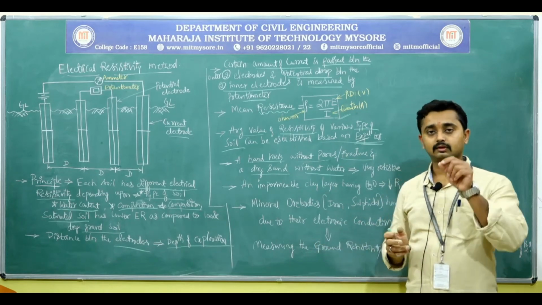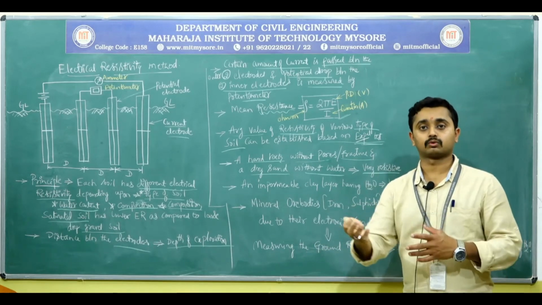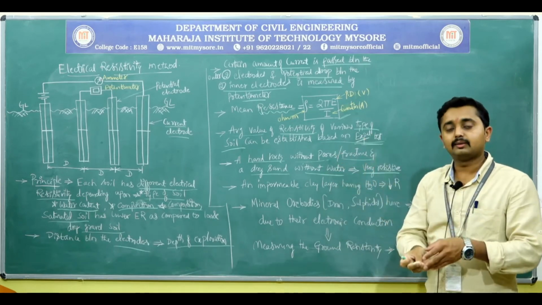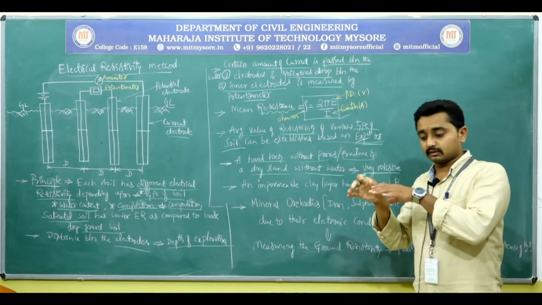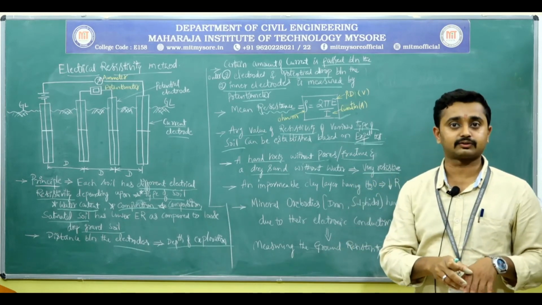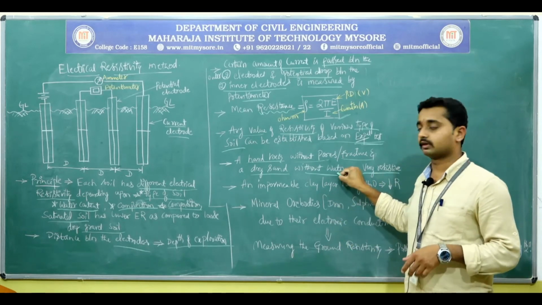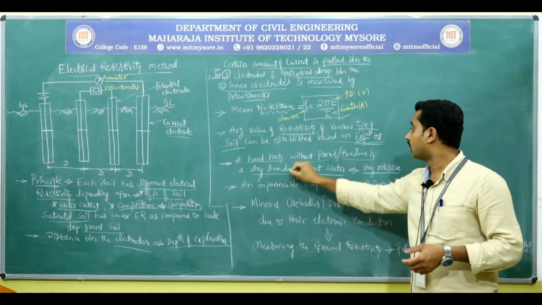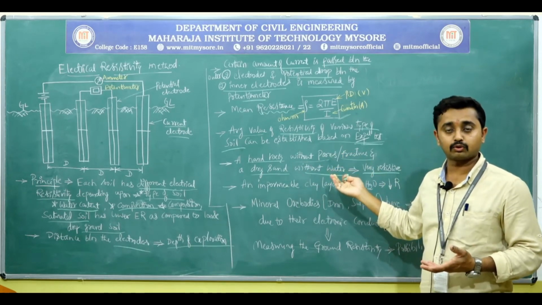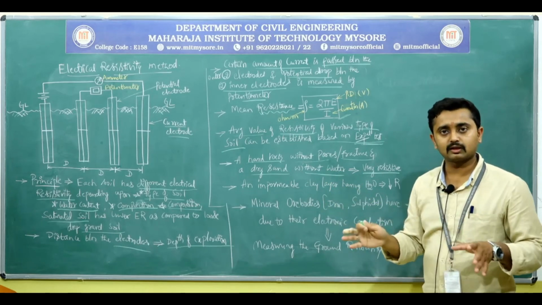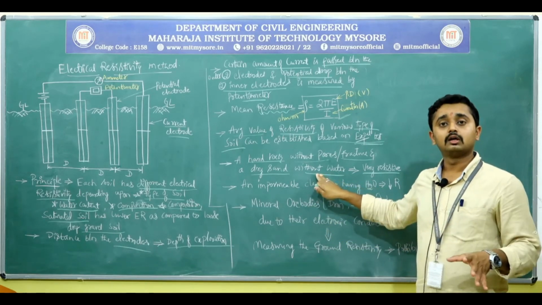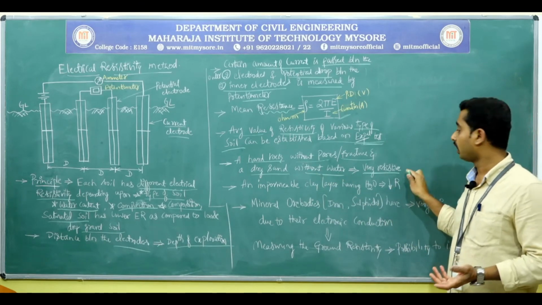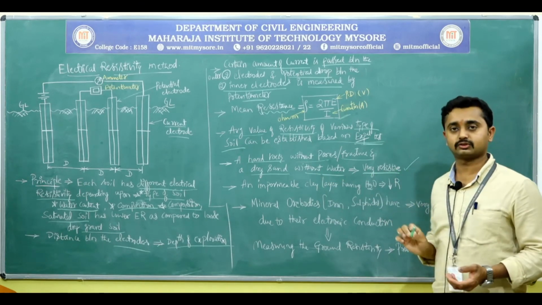Then resistivity is more, correct? If there is water or any mineral content, then it is a good conductor of electricity. If there is no water in dry sand, or no fractures or pores, meaning no mineral content and no water, then resistivity is more. Obviously, it is very resistive.